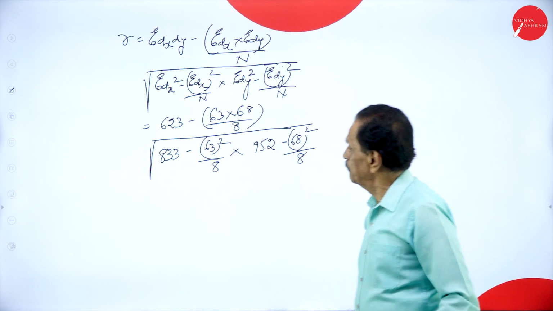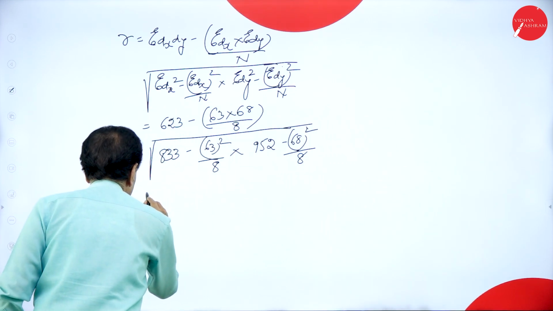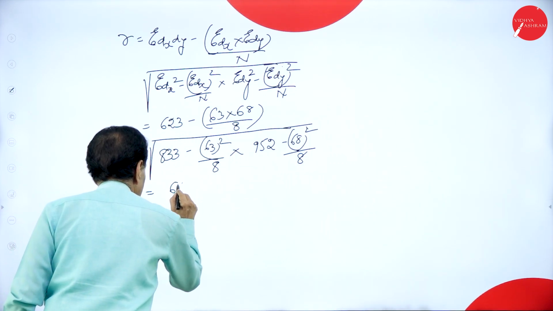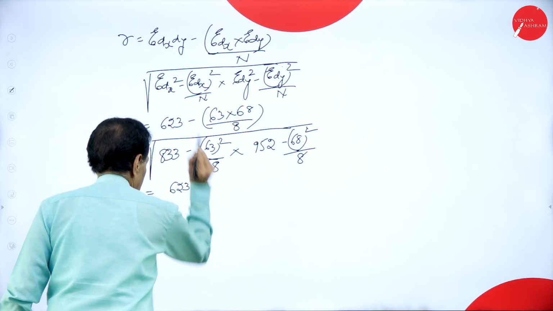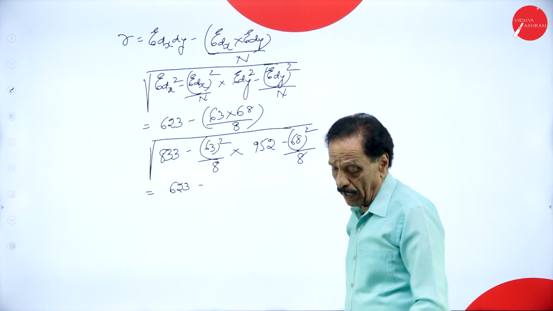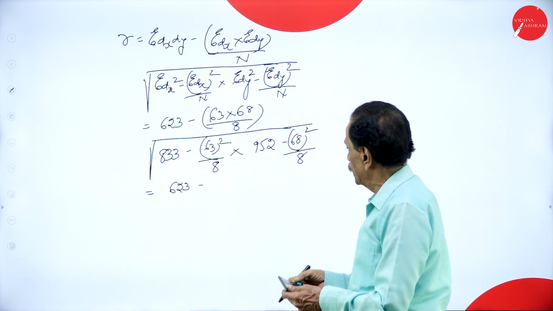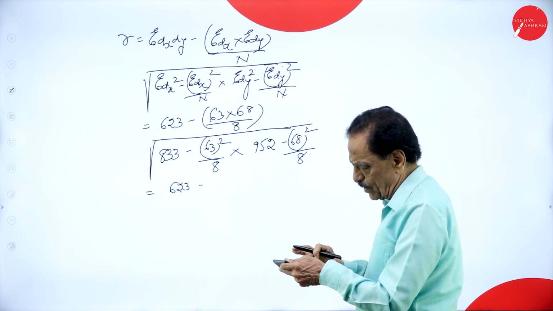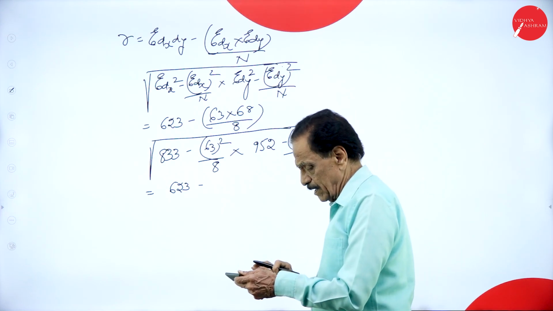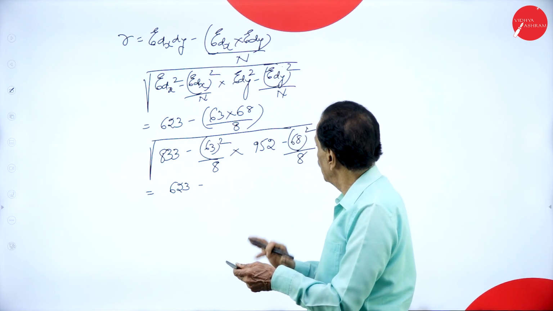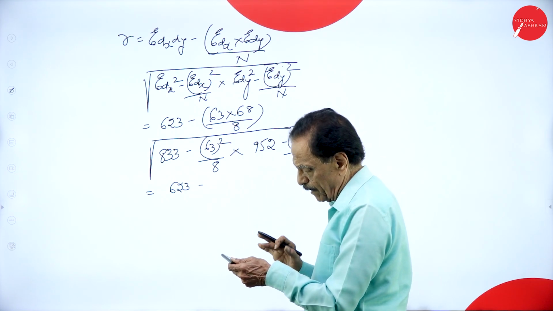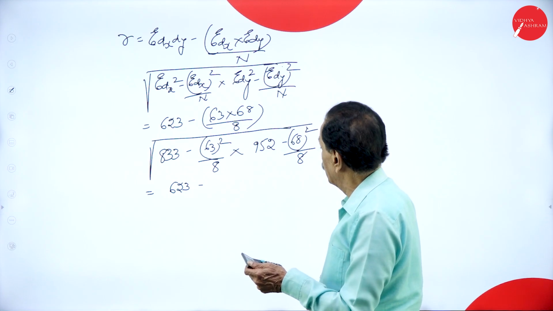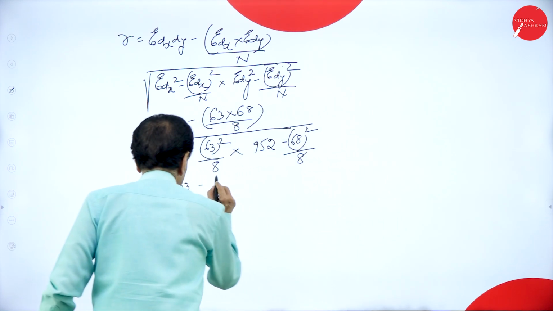Simplify now. 623 minus 63 into 68 divided by 8, which is 535.5.